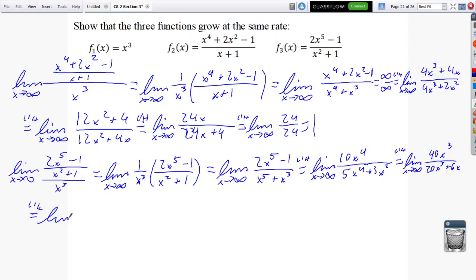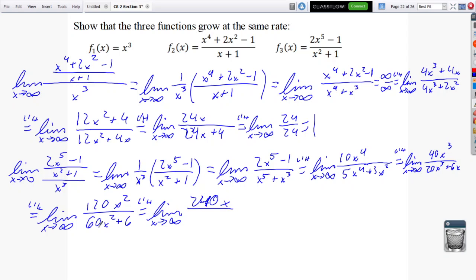L'Hopital: limit x approaches infinity of 120x squared over 60x squared plus 6. Okay, one more time: 240x divided by 120x. Finally, this other term goes away, and we're left with just 2.